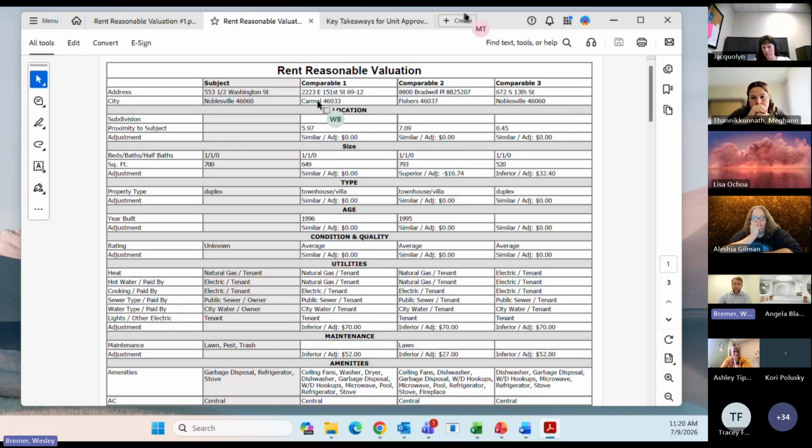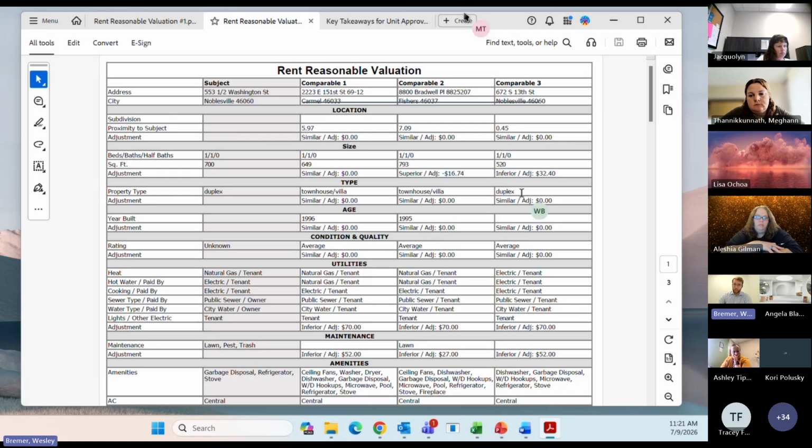So you can see that I had to go a little bit beyond Noblesville. Well, I just selected these 3 comparables from the ones the website generated. But I got units that were more similar to the subject unit. These were built in the mid-90s.